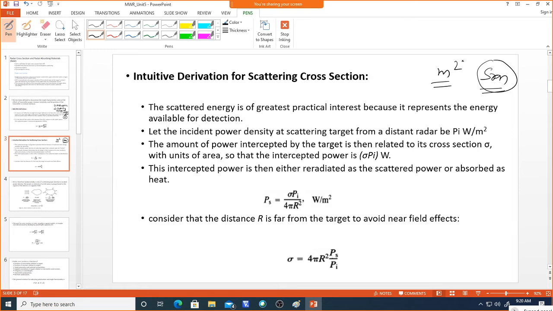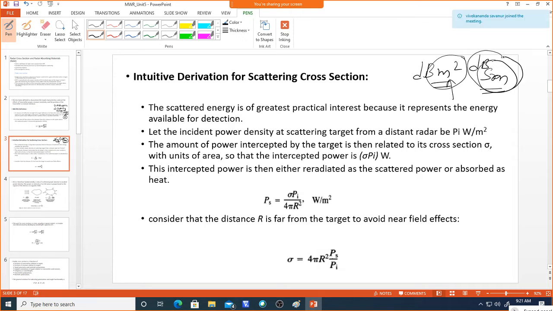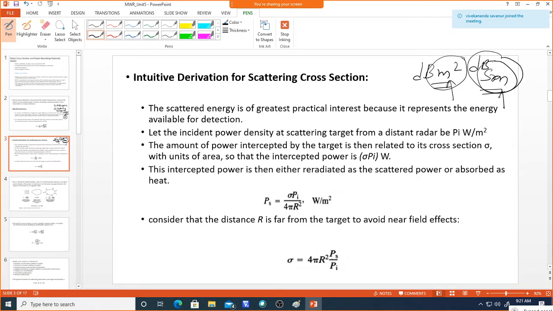In all physics and physical parameters, meter square is represented like this, but in terms of RCS measurements in particular, square meter can be represented as SM. If you are finding it in terms of dB, it is dB meter square or dBsm. Generally in all the IEEE standards, this is measured in dBsm.